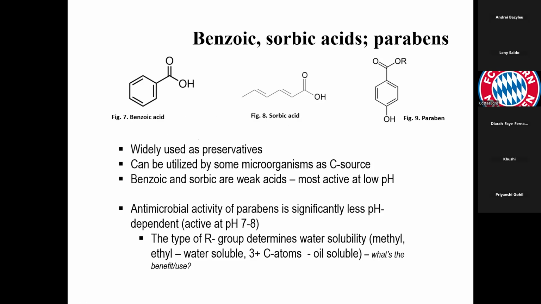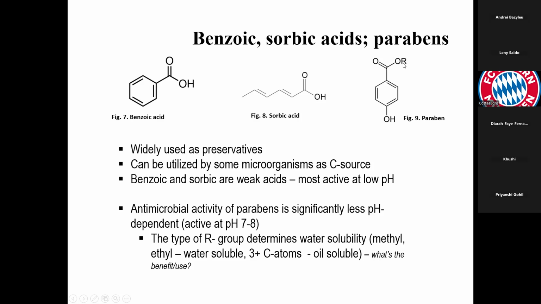Obviously you don't want preservatives that can be chopped up by the bacteria for food. And that's when people modified benzoic acid and came up with the paraben molecules. As you can see, paraben is a derivative of benzoic acid. It has an additional hydroxyl group in the cycle here, but also it has the side group here.